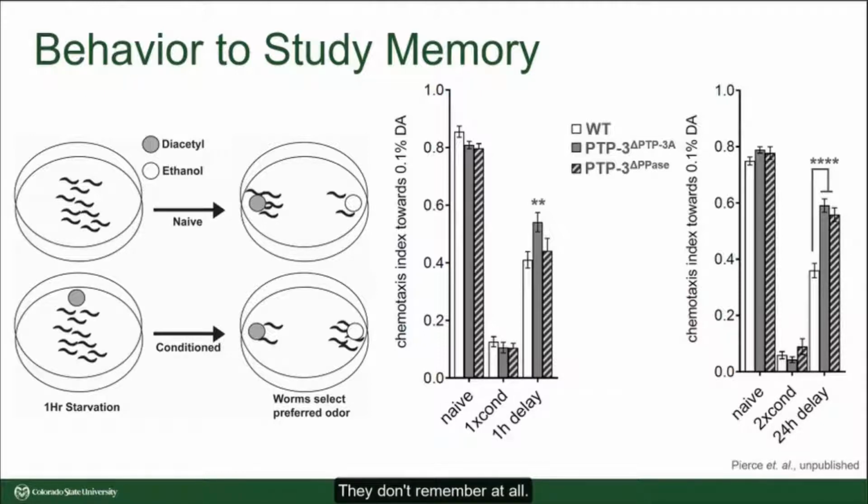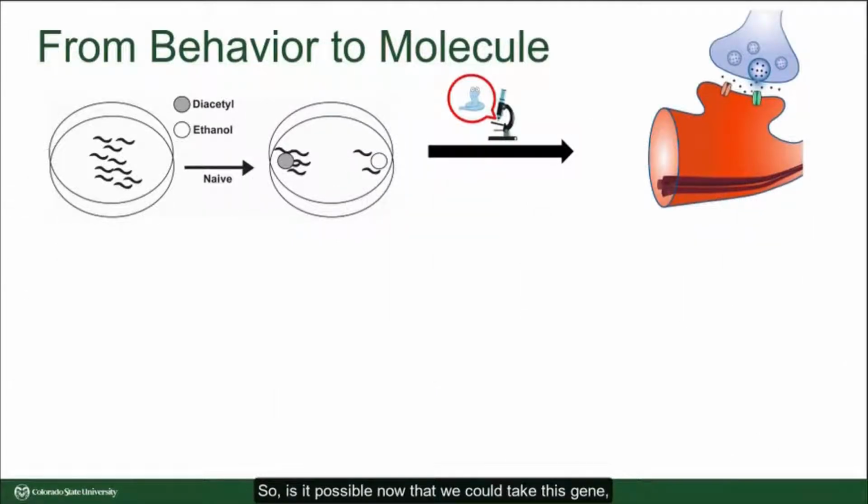So is it possible now that we can take this scheme? Can we go from the behavioral level to the molecular level? Well, we can. And this is something that we've been working on with a couple of our collaborators in Switzerland, where we basically take worms that have been subjected to this experiment and we isolate them from either diacetyl or ethanol.